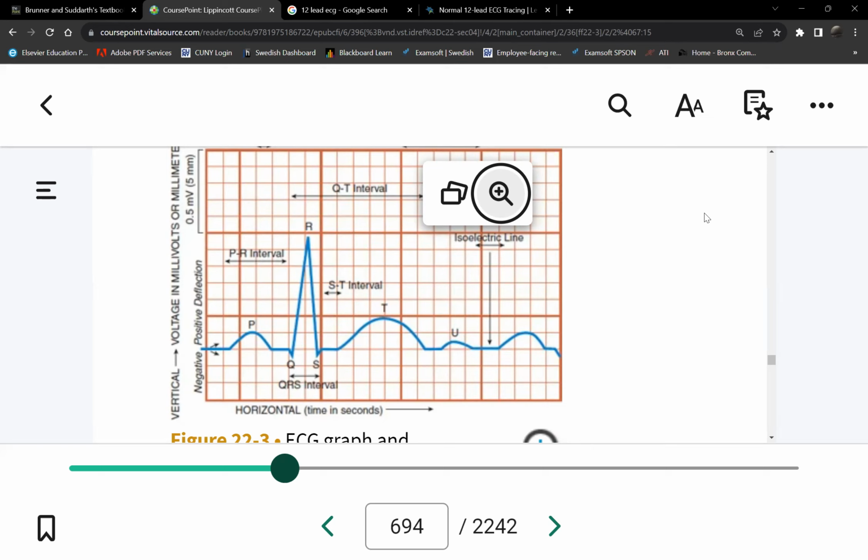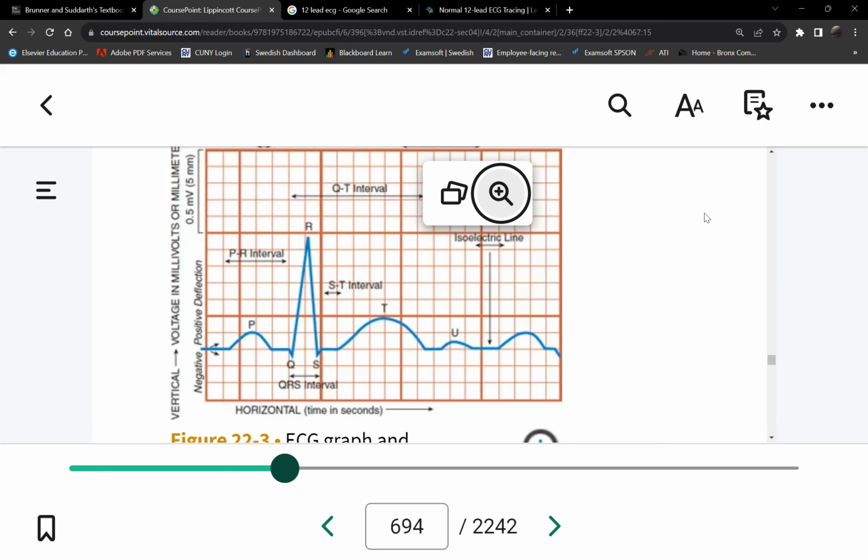U waves usually appear with low potassium. It's more like an anomaly. I'd say 99% of the time you won't see a U wave. Only about 1% of the cases you'll see a U wave appear, but it's not really that significant.